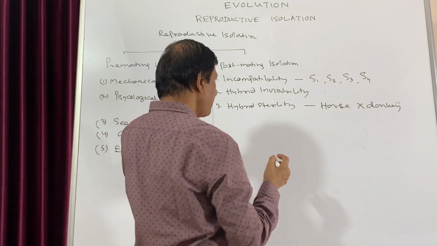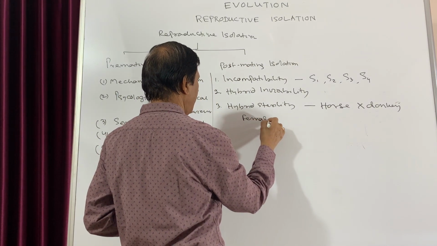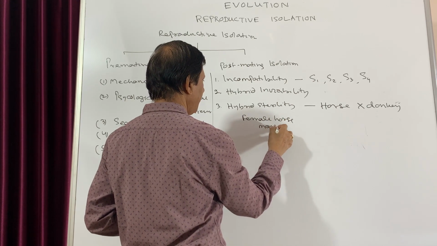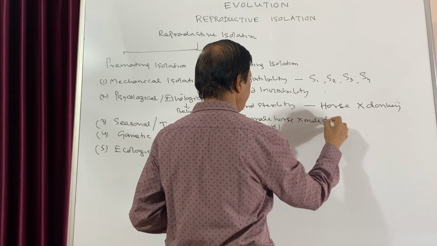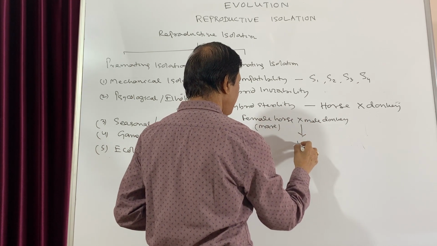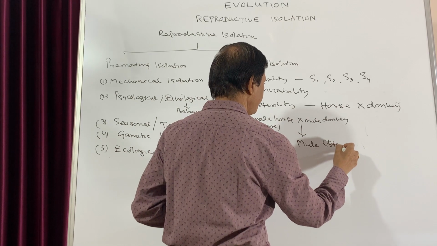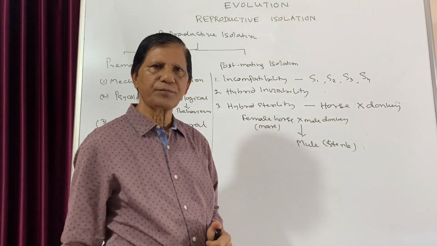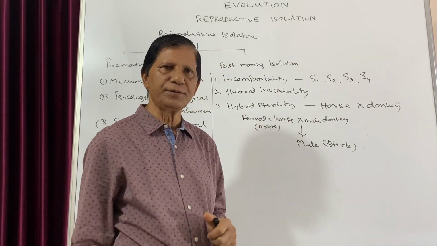When a cross is made between a female horse, which we can call a mare, and a male donkey, the F1 hybrid is known as a mule, but it is sterile. That means it cannot multiply again, and this is hybrid sterility.